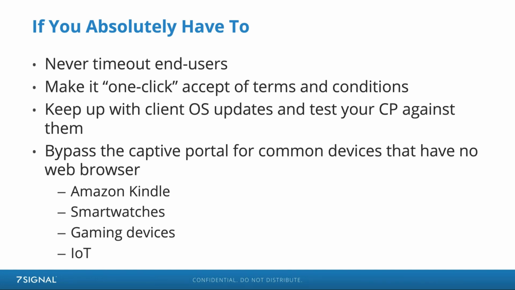This is an exploding segment of devices that simply can't use your Wi-Fi at all if there's a captive portal. One of the ways we can bypass those is by building in MAC OUI whitelists, using the OUIs of these device manufacturers. So they simply skip the captive portal entirely.